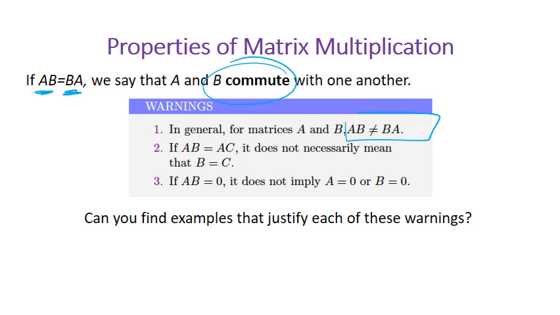Just because AB is equal to AC, it does not mean that matrix B and matrix C are the same. And then finally, if matrix AB results in 0, it does not necessarily mean that matrix A is the 0 matrix or matrix B is the 0 matrix.